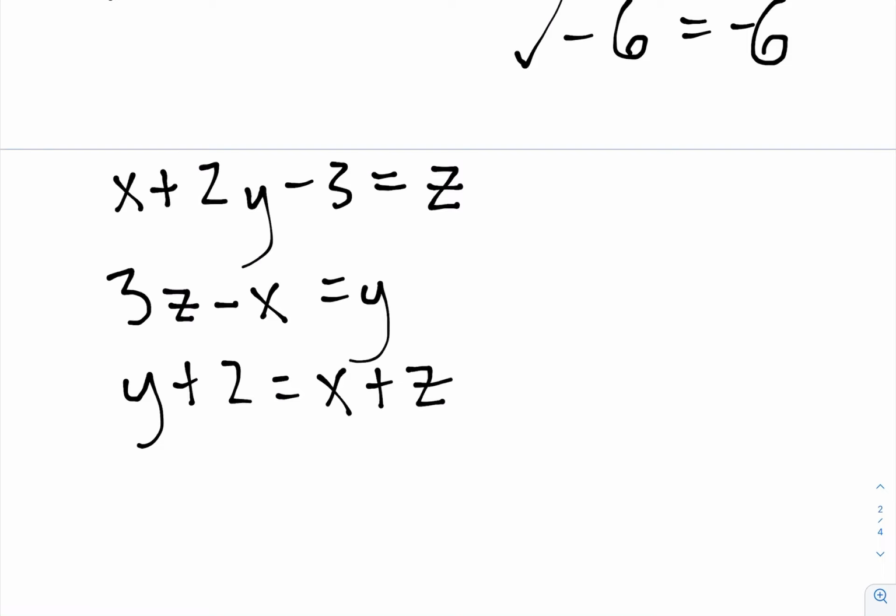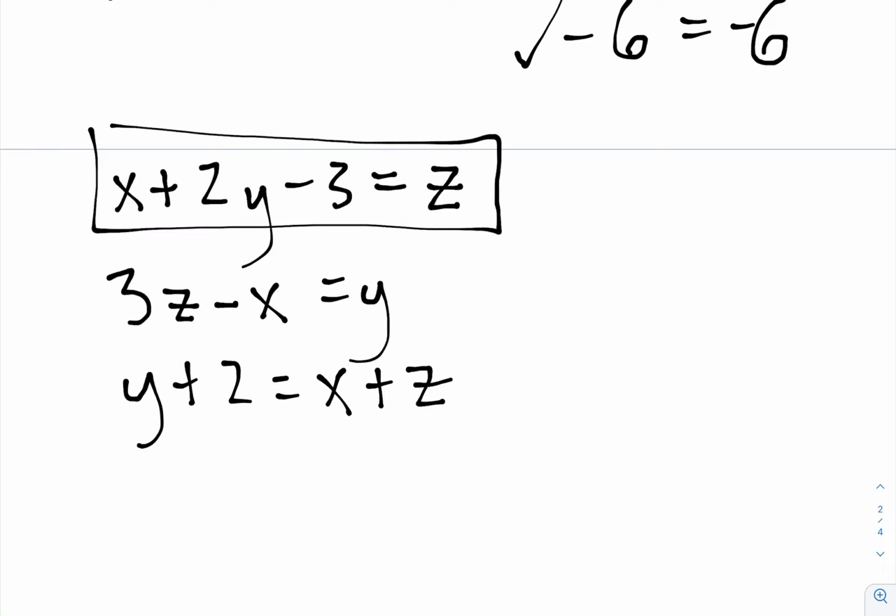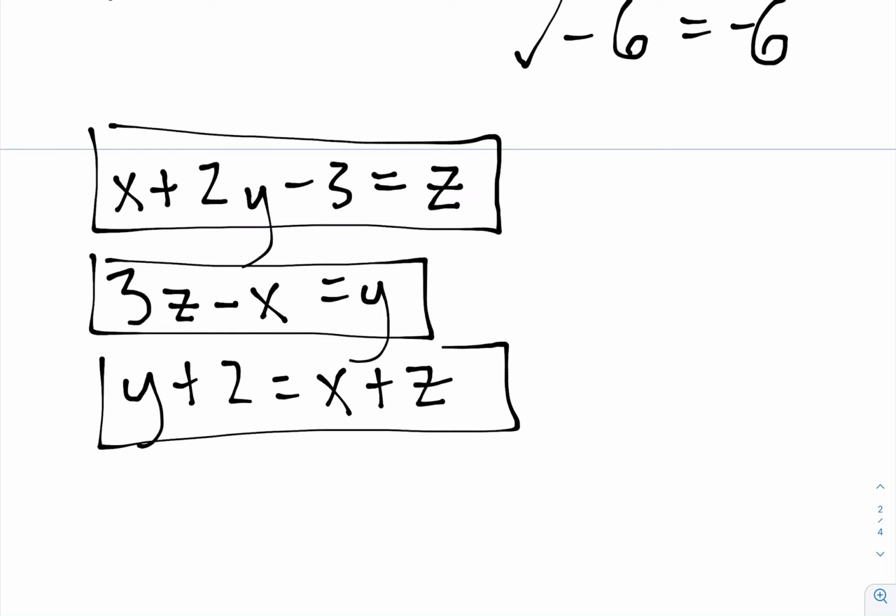I'm not going to solve this in this video, but we have one equation here, then we have our second equation and our third equation. We can solve this. There is a way to solve it because there's three variables in each equation, and three equations, three relations that we can use to isolate for one.